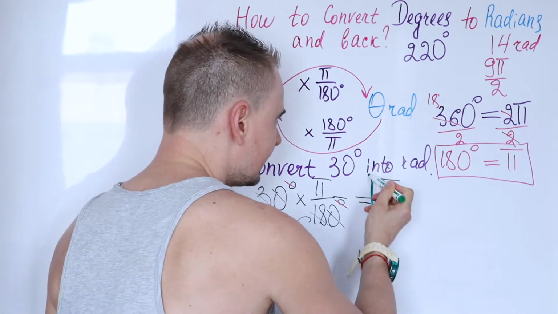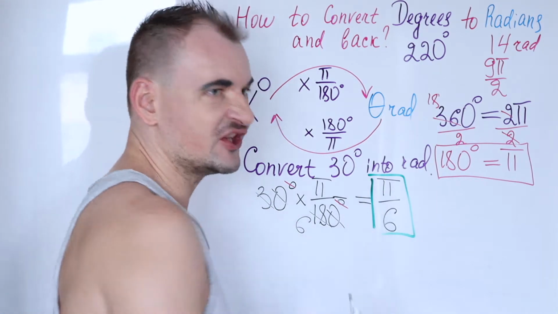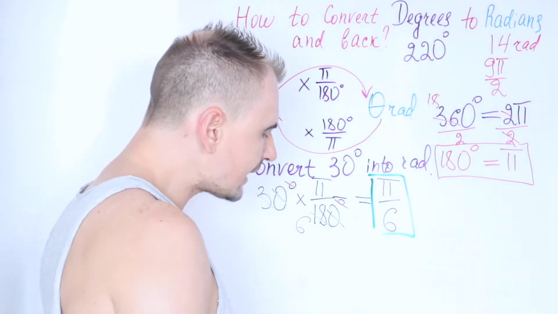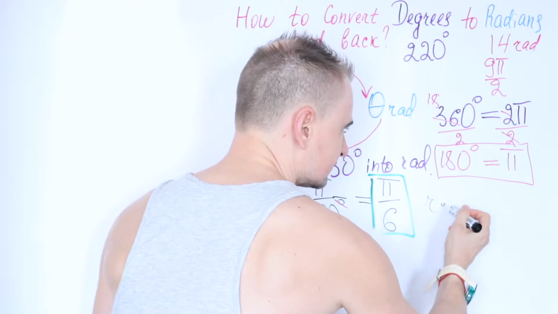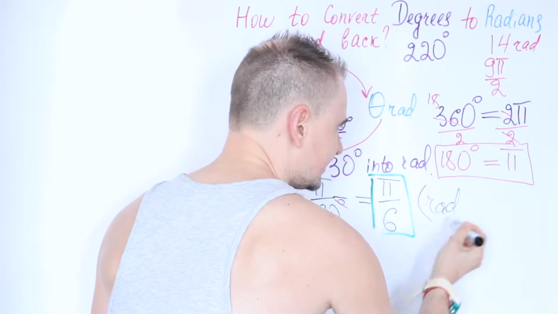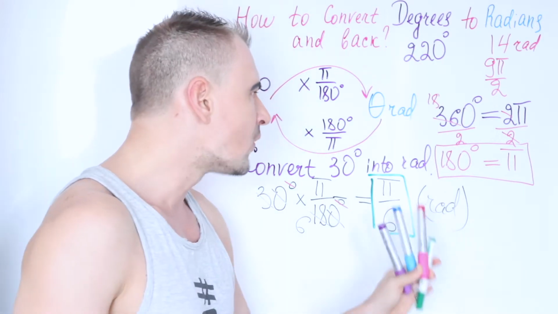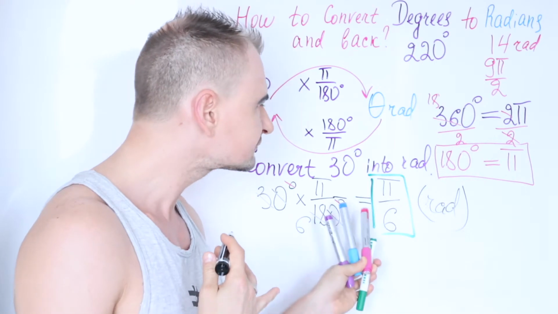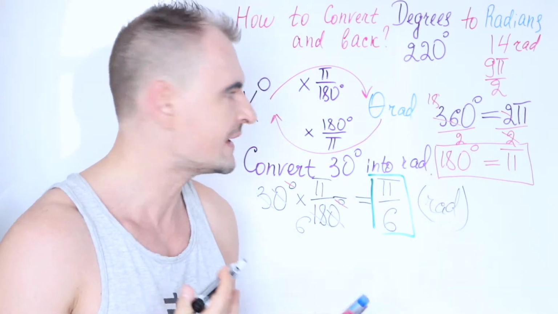So in other words, 30 degrees is the same thing as pi over 6. And if you like, technically that's radians, and you could write RAD as a unit, but mostly it's implied as soon as you have pi in your number, it's understood to be radians.